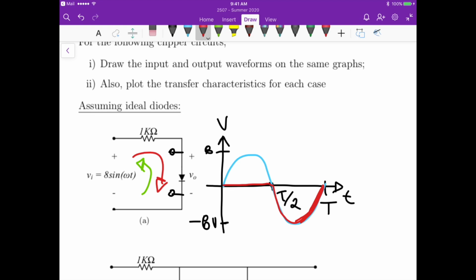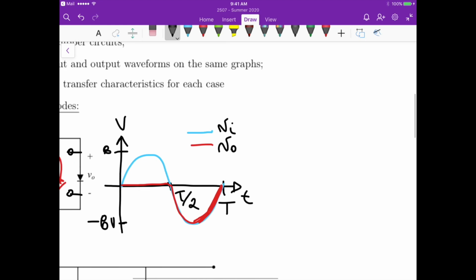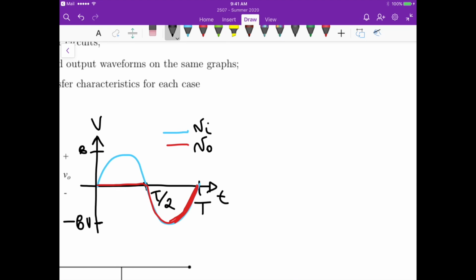Okay, so this is Vi and this is V out. Now if we want to plot the relationship between V input and V output, so this is V input, this is V output.